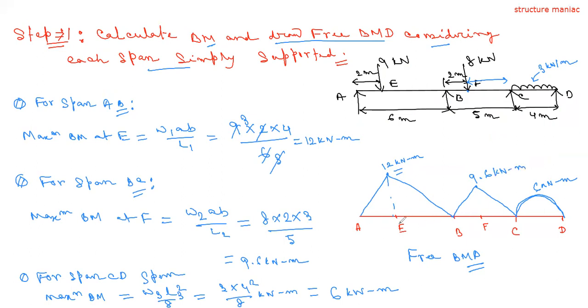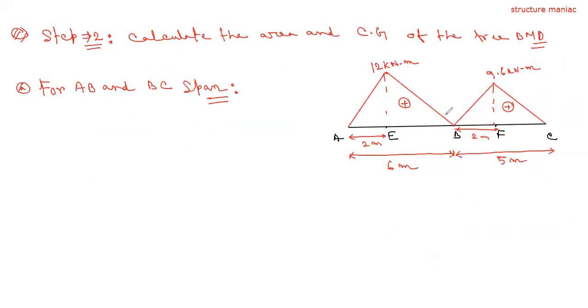We consider these 2 spans because we can apply Clapeyron's 3 moment theorem for 2 consecutive spans only. So now tell me, L1 will be equal to 6 meter. What is L1? That is the length of AB span.